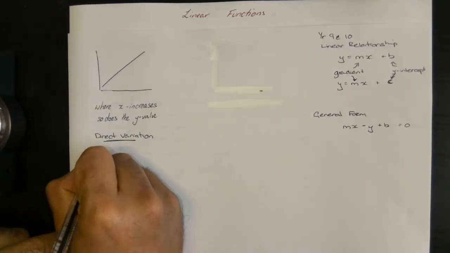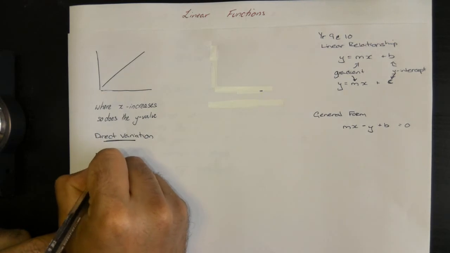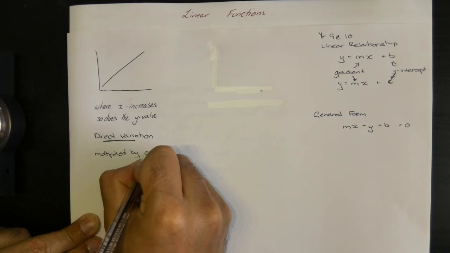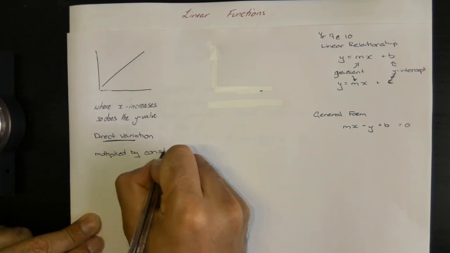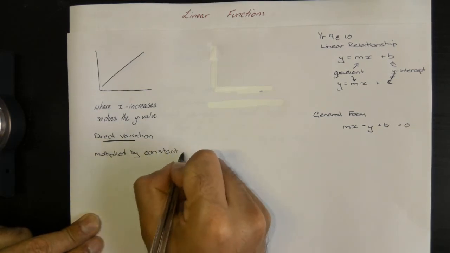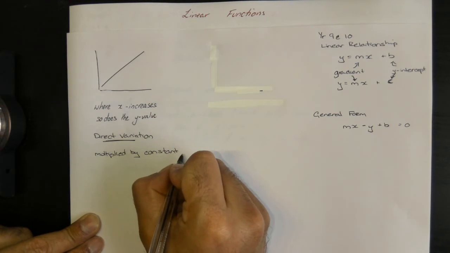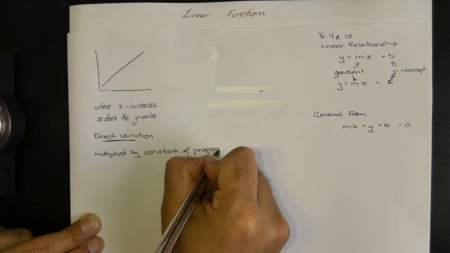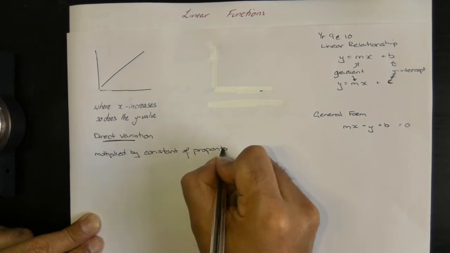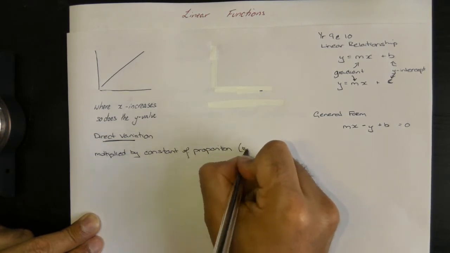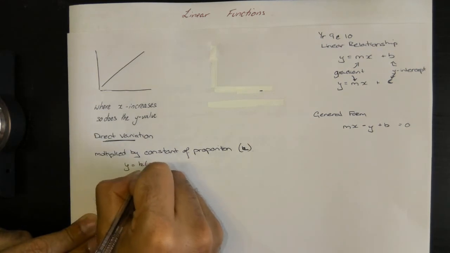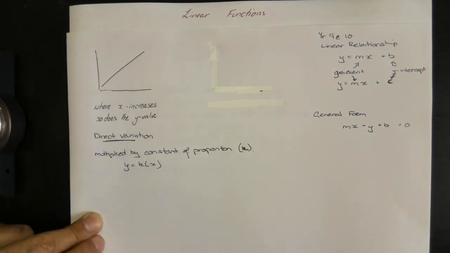It will be multiplied by a constant or proportion, and we usually have that constant represented as the letter k. Okay, so we'd have y equals k times x.